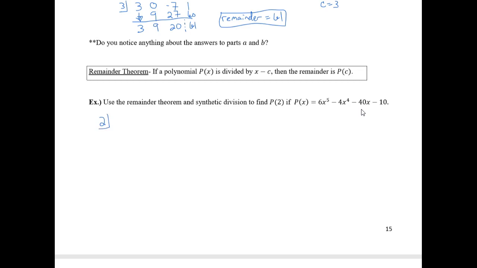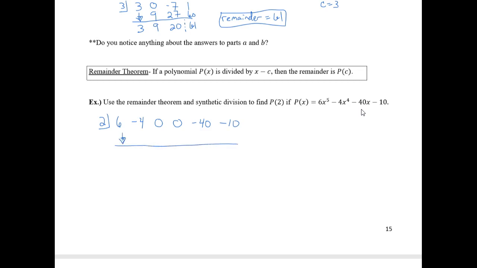So 2 is my c. And then I'm going to use synthetic division. So coefficient to x to the 5th, coefficient to x to the 4th. There were no x cubes, no x squareds, coefficient to x, and my constant.